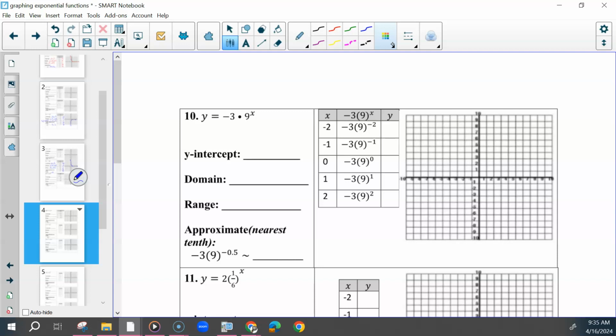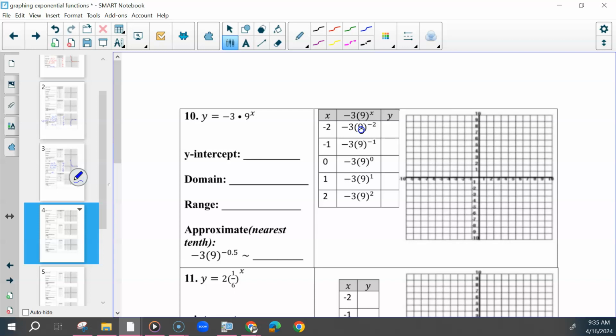What would this part be? 9 to the negative second. That would be the final answer, yes.